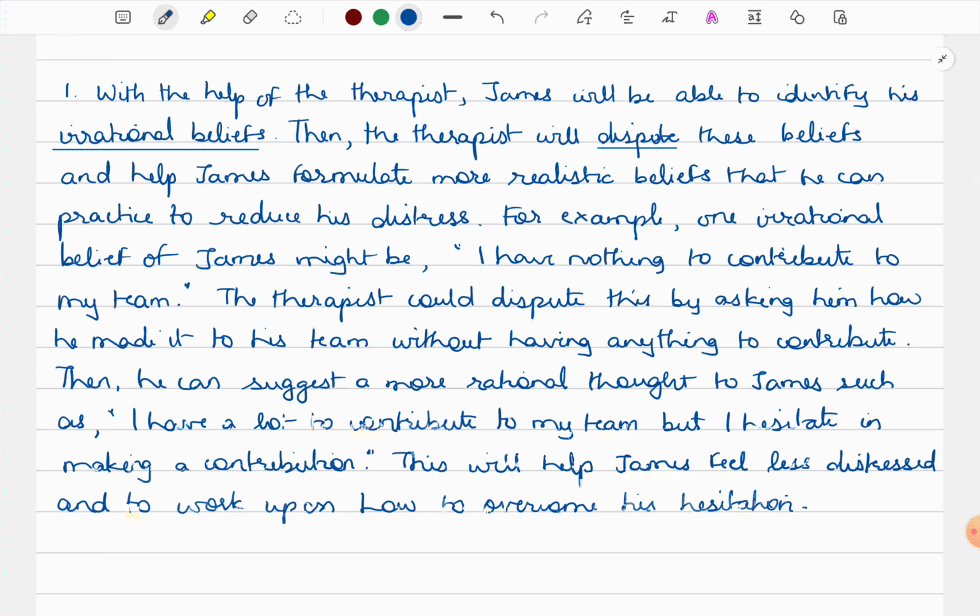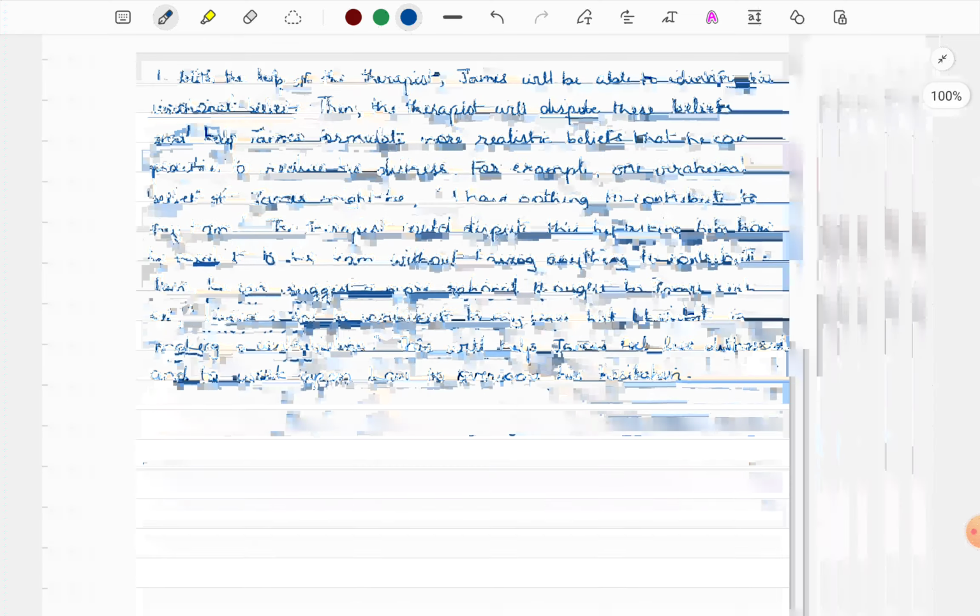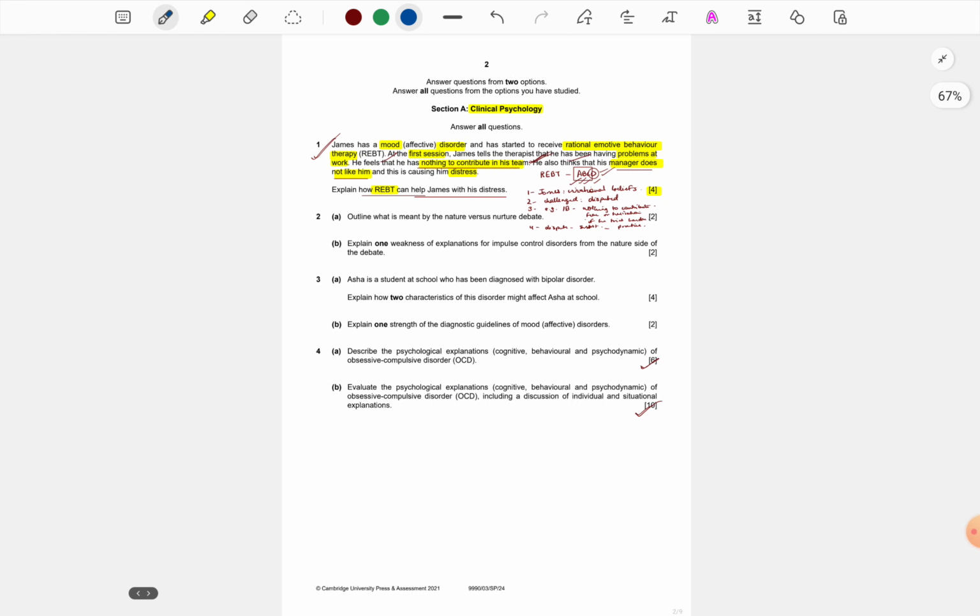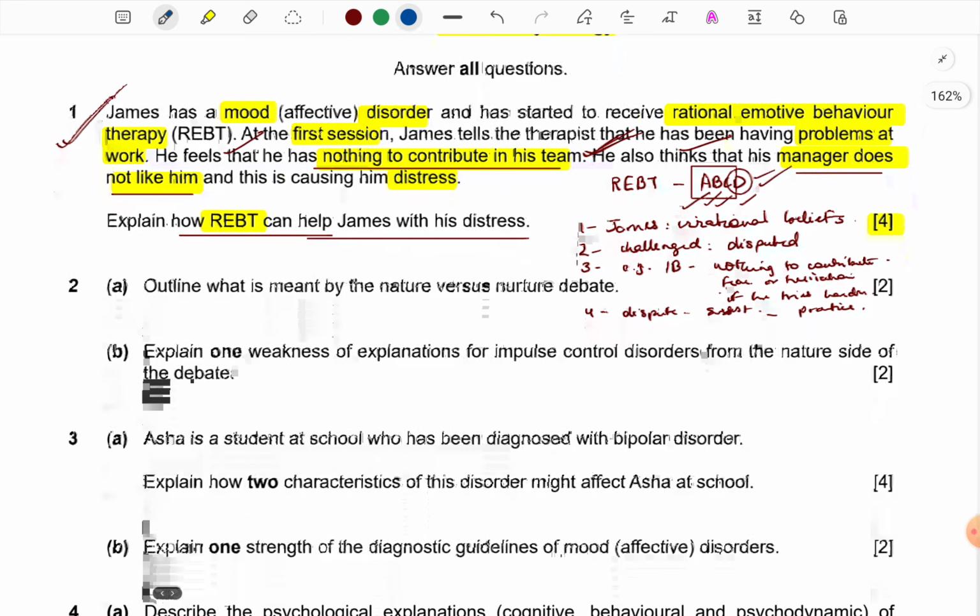So you need to focus on the D part. You need to be specific to James and explain relevantly with his scenario using wording from his scenario. If that is what you are doing, you will score, even if your answer is different from this one. This is applicable to most questions, particularly to these AO2 type of questions.